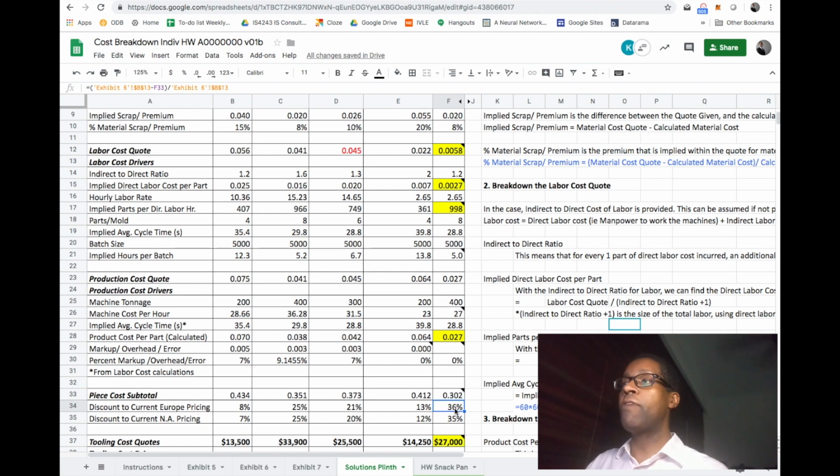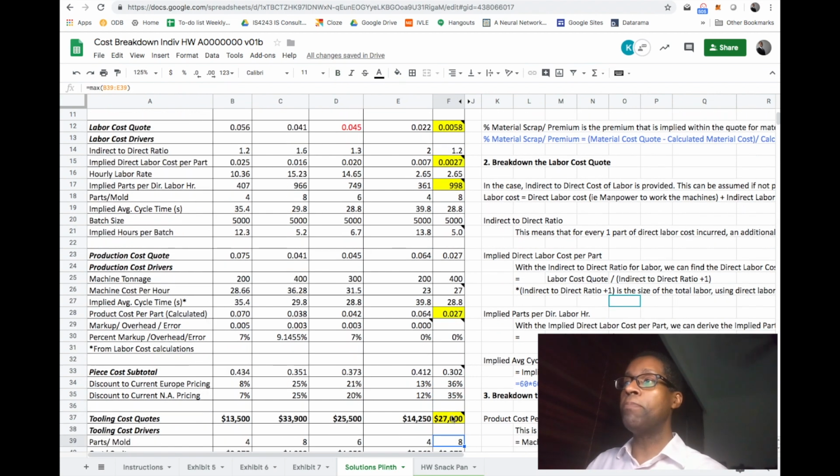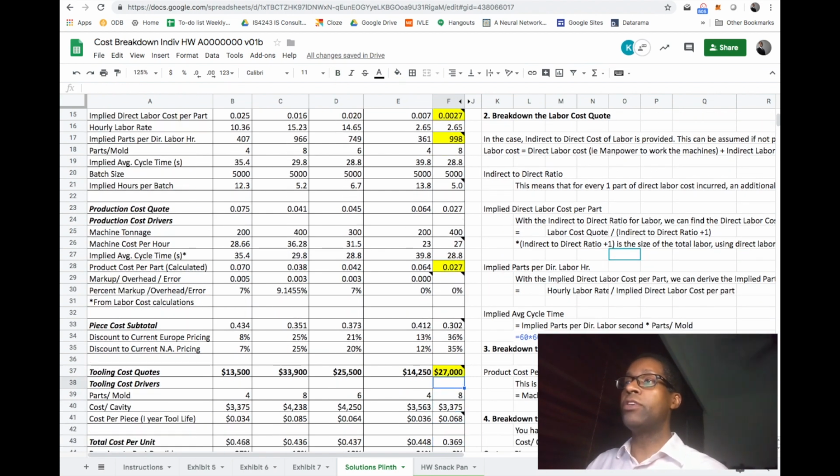Let's bring in the fact that we need new molding. Now, where did we get this from? This is the lowest cost per cavity. So we take the lowest cost per cavity, 3,300, because you have to figure that it takes engineering design and other capability in order to put this together. So we use the cost per cavity and then the number of cavities.